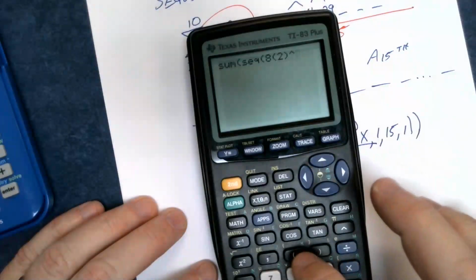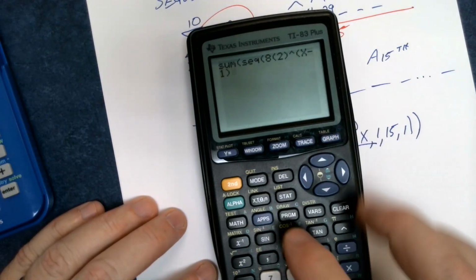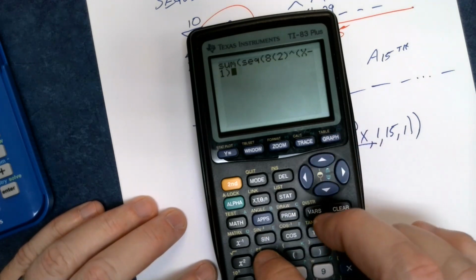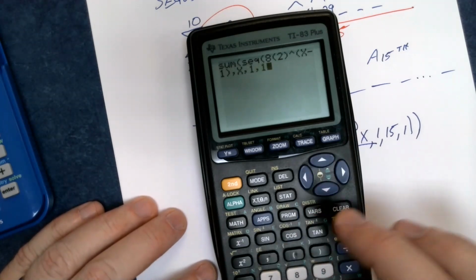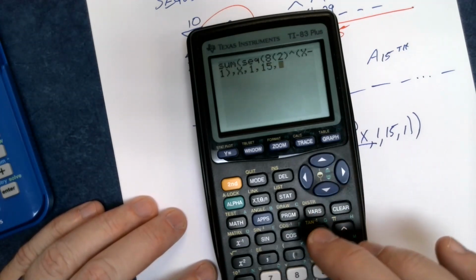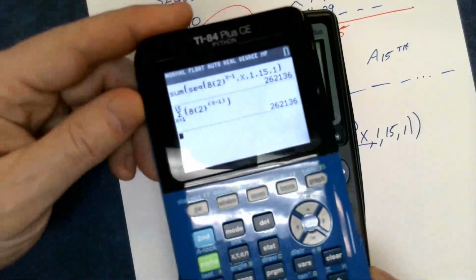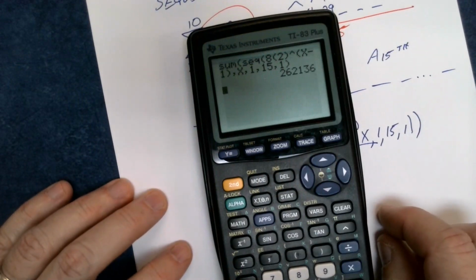Raised to the, remember, parentheses, x minus 1, close parentheses, comma, x, comma, 1, comma, 15, comma, 1, close parentheses, enter. 262,136. All of them work out.